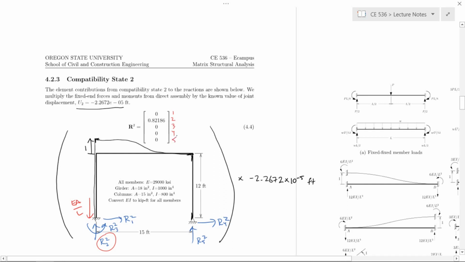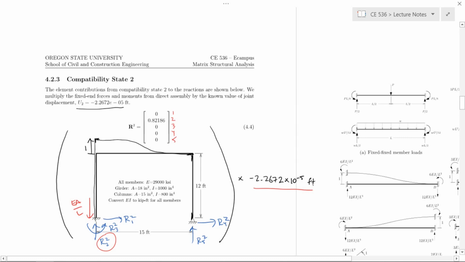Okay, so this is going to be negative EA over L because R2 and EA over L have arrows pointing in opposite directions, right? EA over L is down, R2 is up, all right? But then we have a negative algebraic value for the displacement.